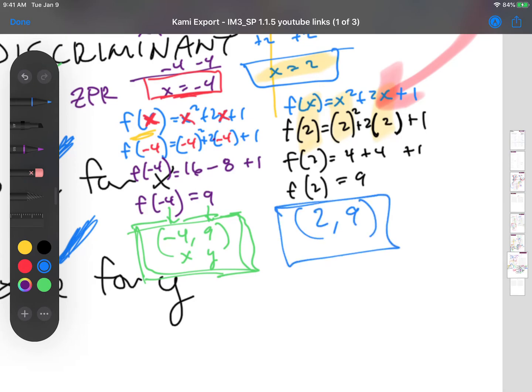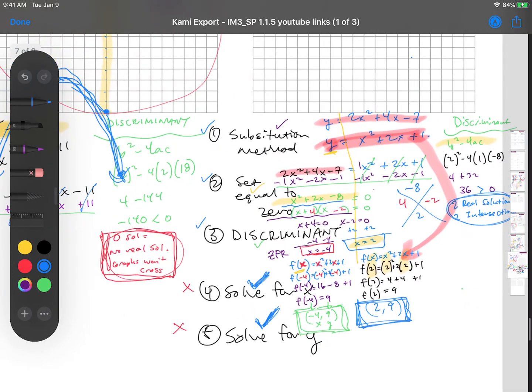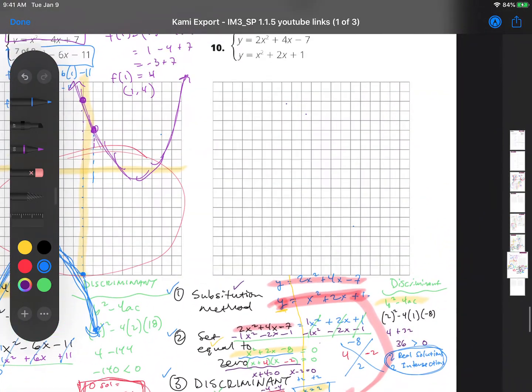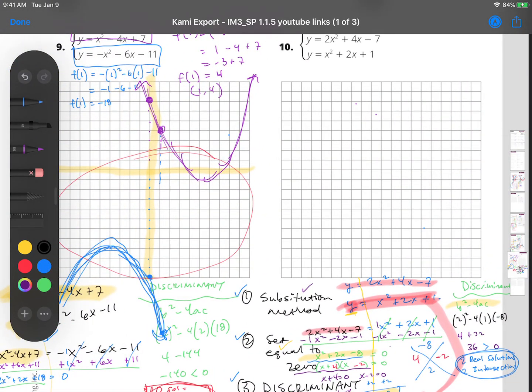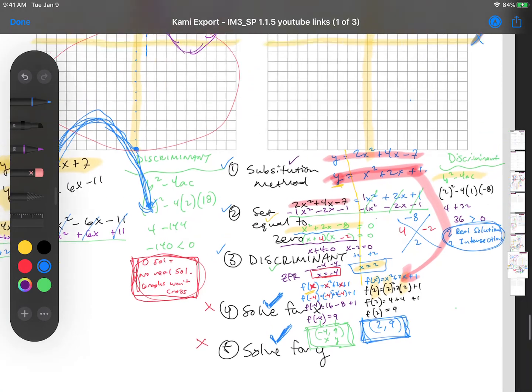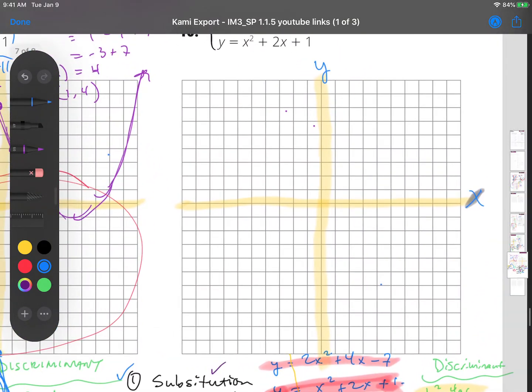Okay? So let's transfer those up on our graph. Okay, remember this is our x. Did it again. X, this is our y. And we're going to put up our points of intersection. 2, 9.